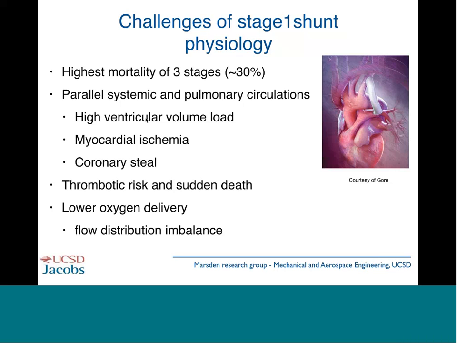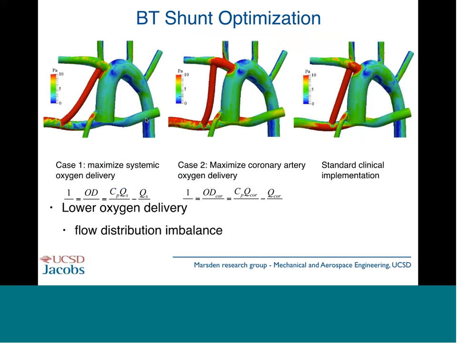It can also lead to sudden death if this tiny shunt that has been implanted were to clot off. That would cut off the infant's only source of oxygenated blood flow. And then there are also issues with lower oxygen delivery and imbalance of flow distribution due to this unusual physiology.